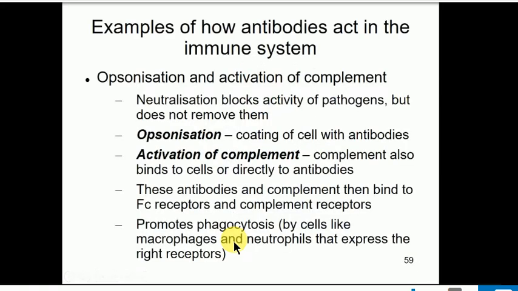And that can then lead to phagocytosis of the antibody bound to the structure. So the whole lot goes inside the cell. Typically, these cells will be things like macrophages or neutrophils. Again, cells that have the property of engulfing foreign structures and then breaking them down. But in order to do that, they've got to be expressing the right receptors, the Fc receptors to recognize the antibody and the complement receptors to recognize the complement protein.